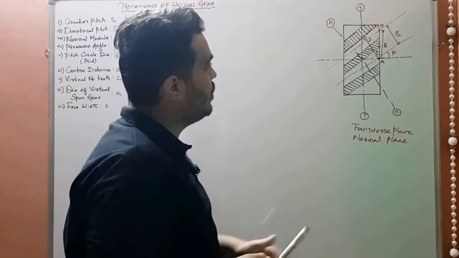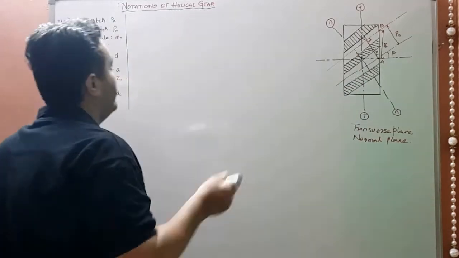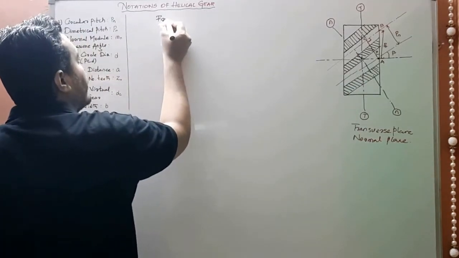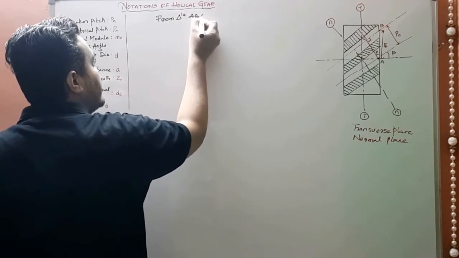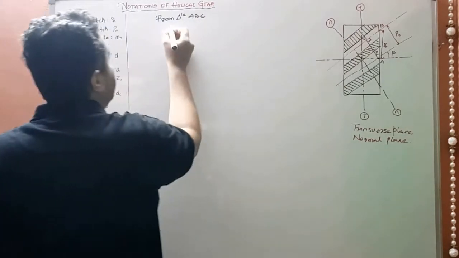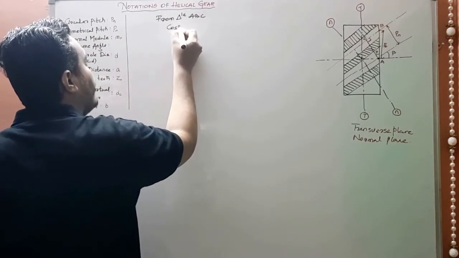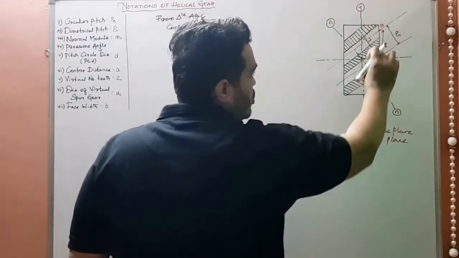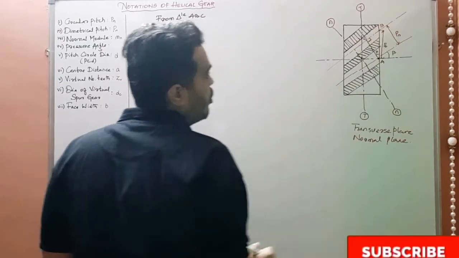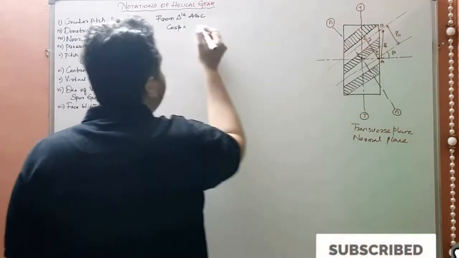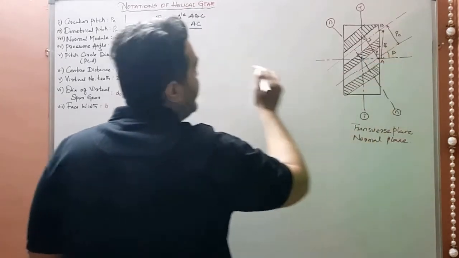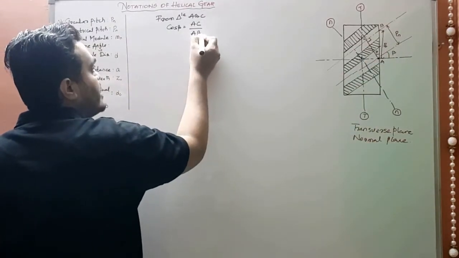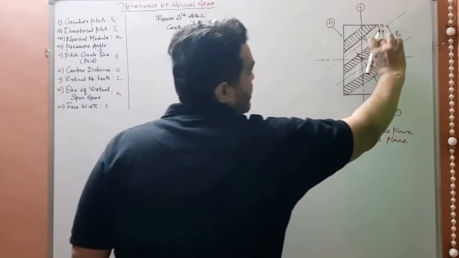So now we need to consider triangle ABC. What we need to consider is cos beta. What is cos beta? Cos beta is nothing but adjacent by hypotenuse, right? So here adjacent is AC by AB, you just write AC by AB. What is AC here?